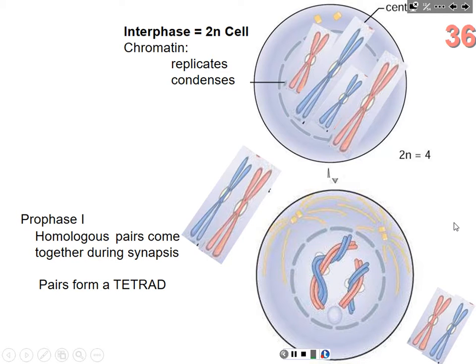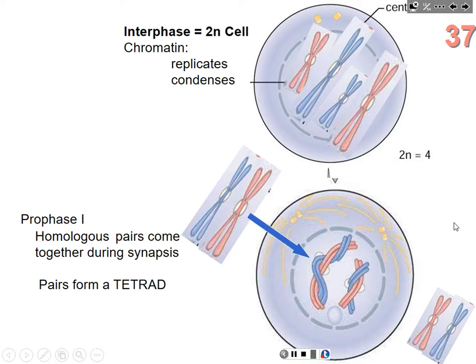That's exactly right. So when this tetrad forms, something sometimes happens. It doesn't have to happen. You never know when or where it's going to happen, but sometimes the legs break off. These things are so wrapped up in each other that they break the legs and they attach to the wrong chromatid.